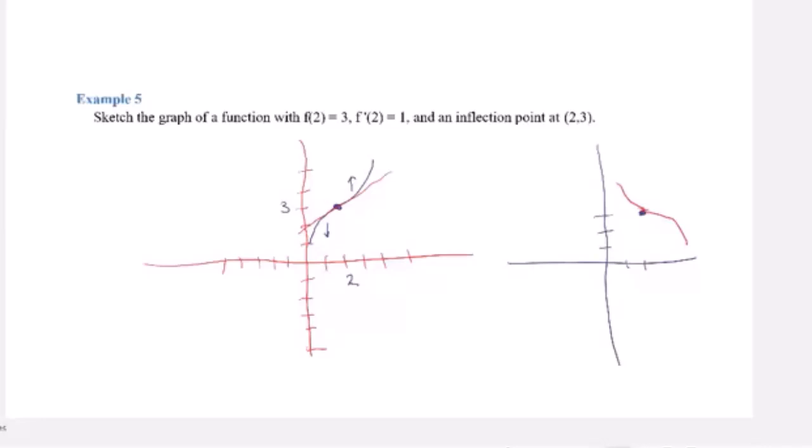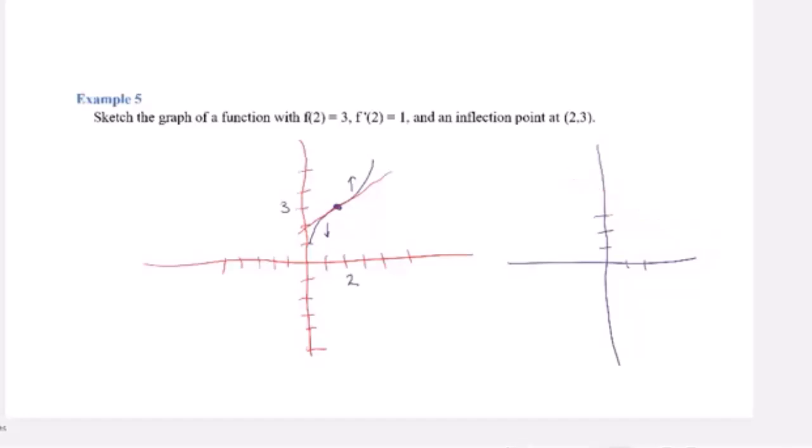Then this point would be, again, an inflection point, and my tangent line would look something like that. And it has a negative slope. Well, that can't be it because I'm not supposed to have a negative slope. I'm supposed to have a slope of positive 1. So that didn't work.